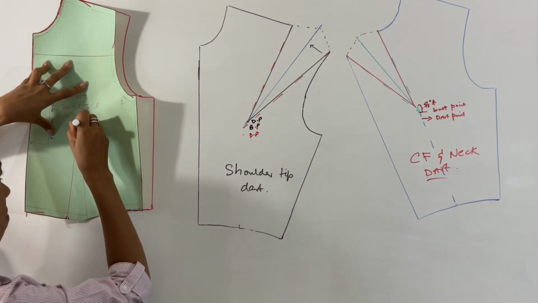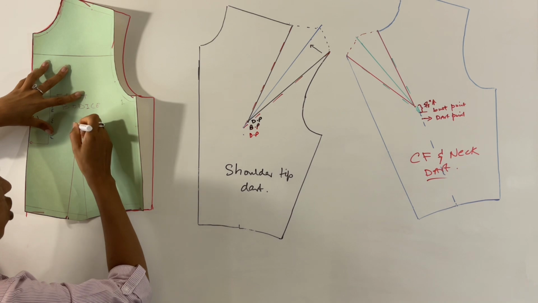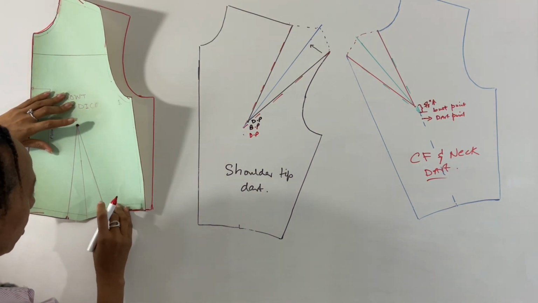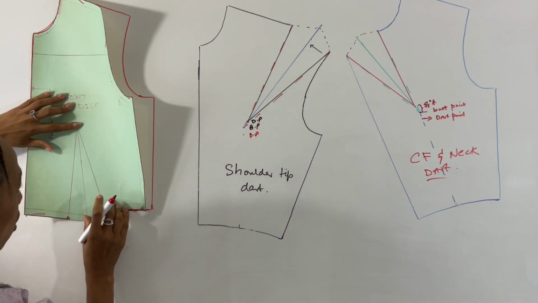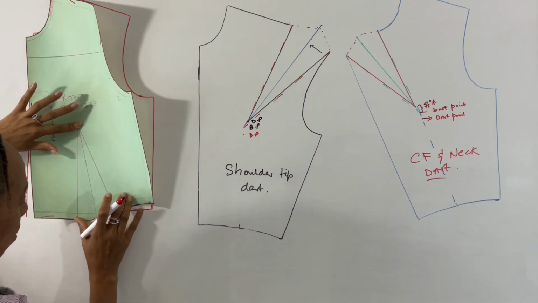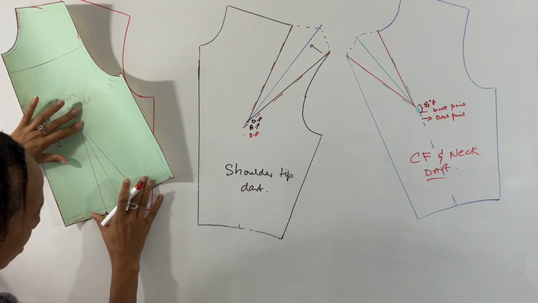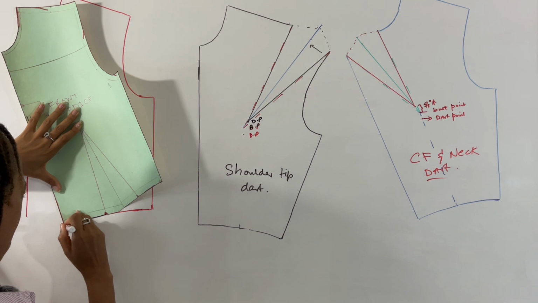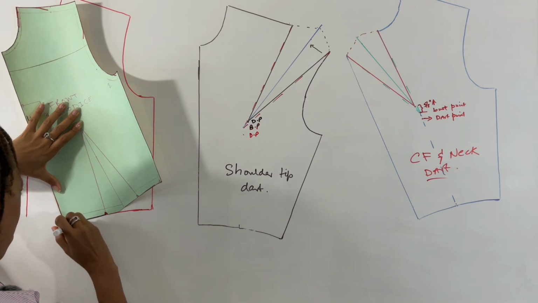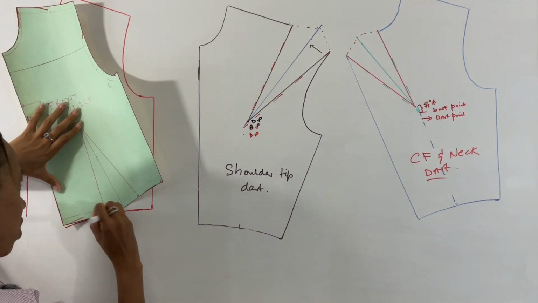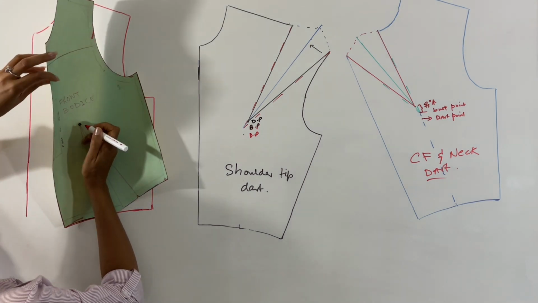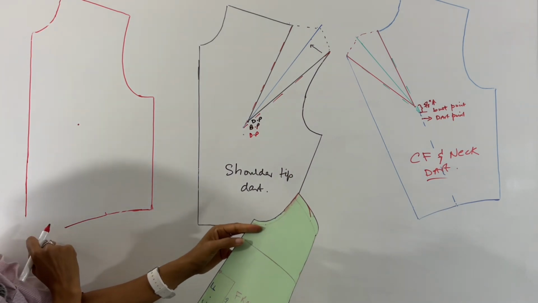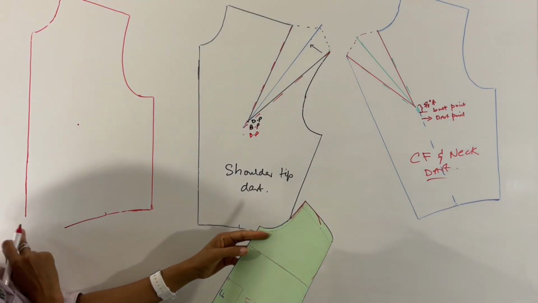I'm going to place my dot at the dart point, and then I'm going to close this dart. So I'm placing my thumbtack or my finger there, and I'm going to pivot this around and close that dart, and then I'm simply going to trace that, and I have this already. Yep, it came out on the other side right there. So this is my opening now, and this is actually at the center front waist.